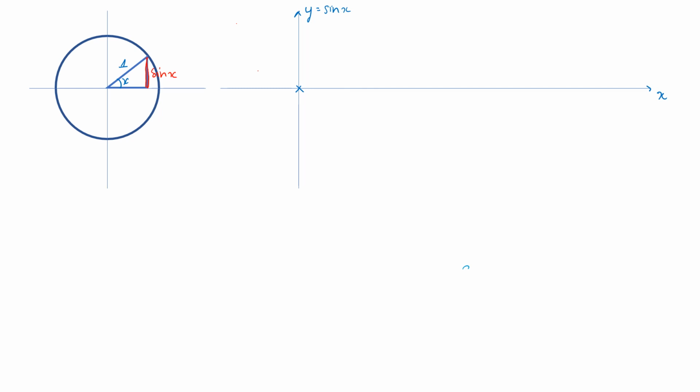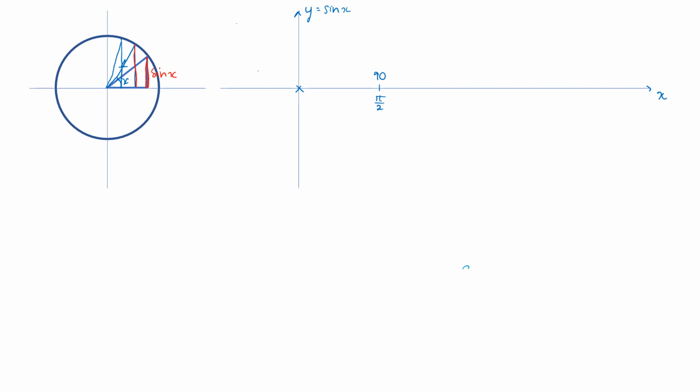As we start to increase the value of x up to the right angle, so up to 90 degrees or pi by 2 radians, the height of my triangle starts to increase. So here's a slightly bigger triangle, bigger value of x, an even bigger one. Again, the height in each case is increasing.